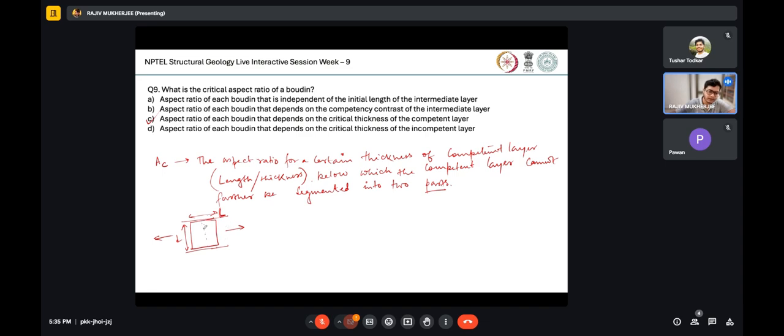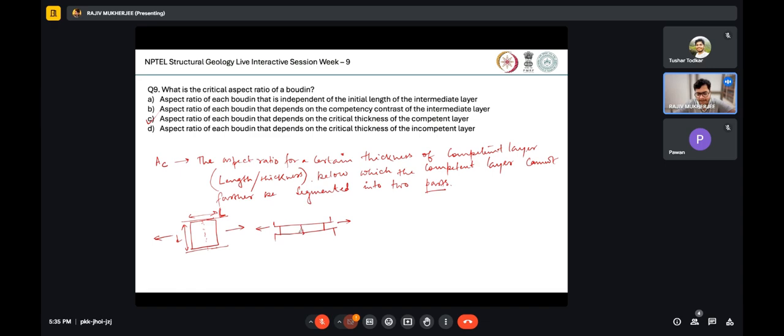It is very difficult to fragment this Boudin, whereas if you have a very thin layer and then we apply the tensile stress, it is easier to fragment it into two parts. Right?